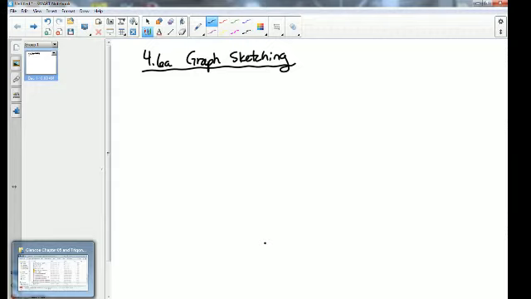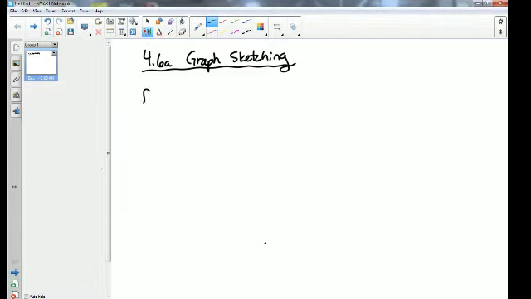Okay, so can I determine with the first derivative, what can I determine of a function? Okay, slope at a point, correct? Okay, I'll put that there.